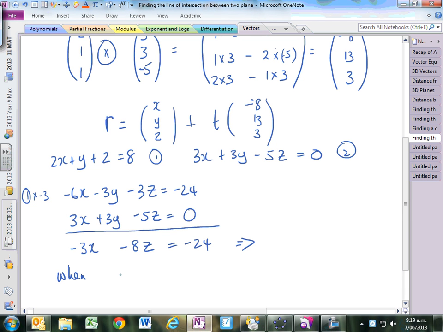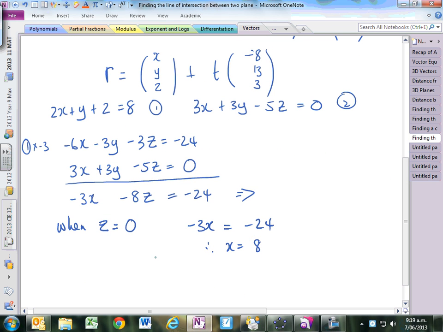Which one do you want to take out, Kevin? Z. Okay, you don't like Z's. When Z is equal to 0, what have we got? We've got minus 3x is equal to minus 24, and therefore x is going to equal 8. So let's go back then to equation 1.